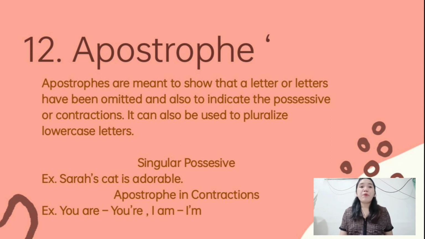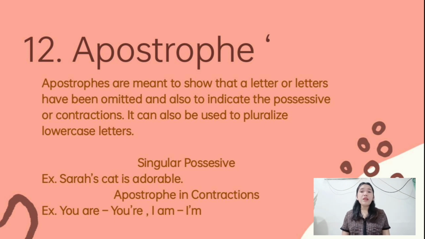Apostrophes are meant to show that a letter or letters have been omitted, and also to indicate the possessive or contraction. It can also be used to pluralize lowercase letters. So singular possessive is when one person owns something, placed apostrophe before the s.